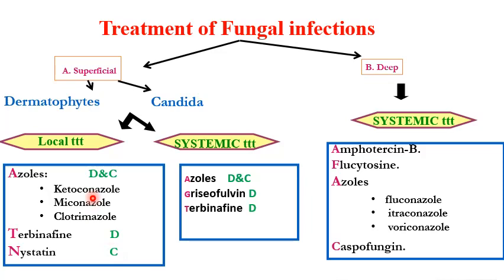Azoles are broad spectrum antifungals. Azoles toxic for systemic use are ketoconazole, miconazole, and clotrimazole, and these azoles are used topically for superficial fungal infection. While azoles that can be used safely systemically are fluconazole, itraconazole, and voriconazole.